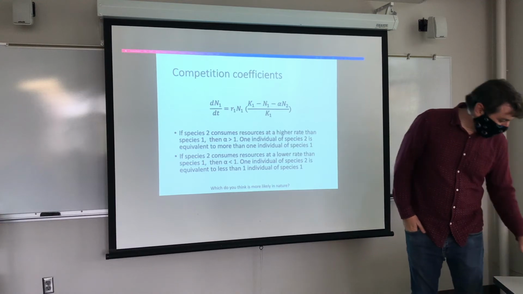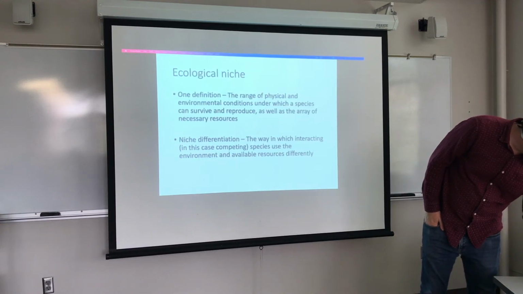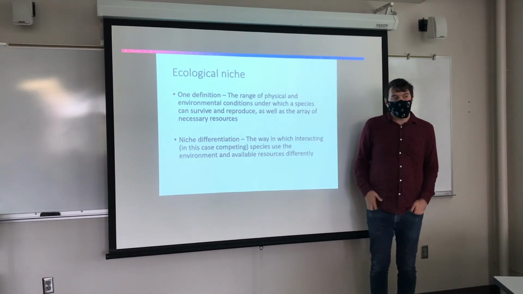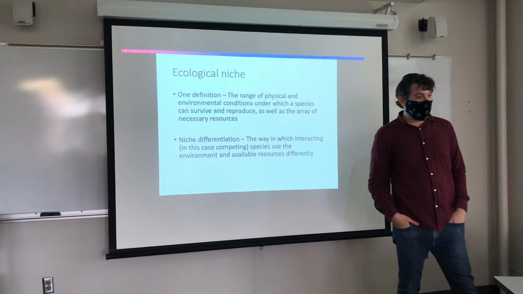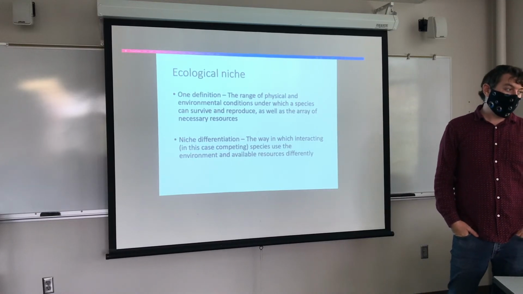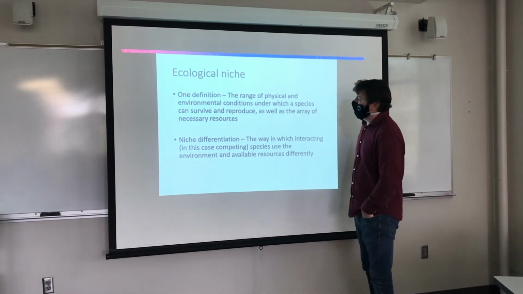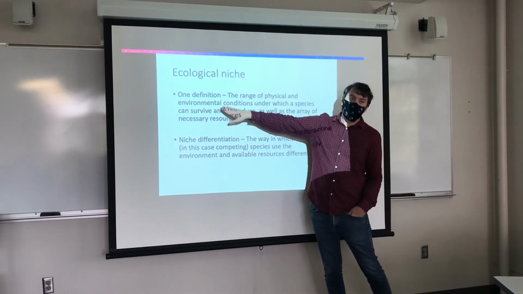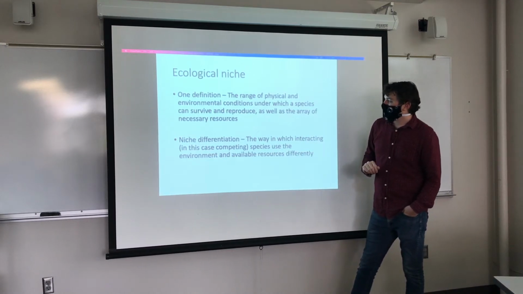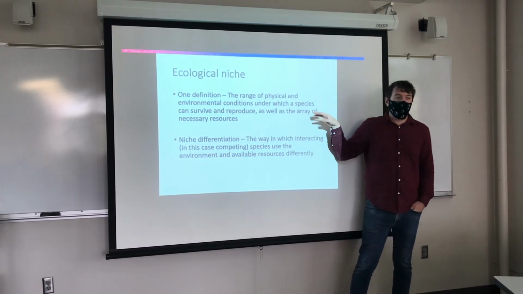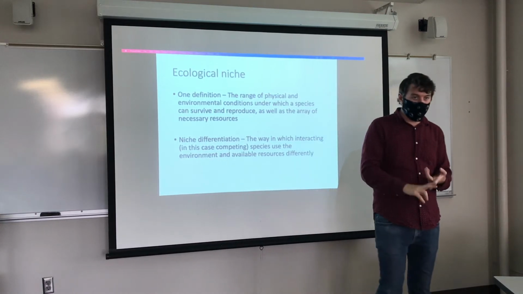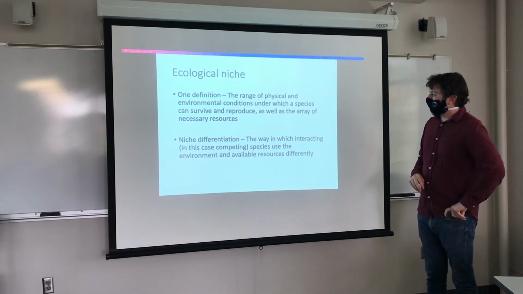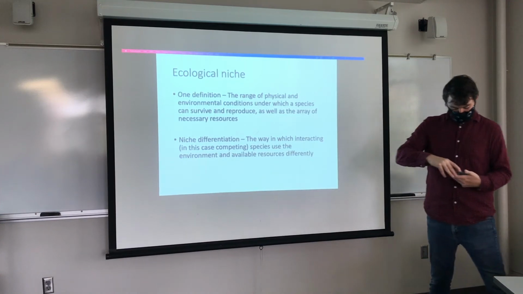So that's because if we think back to the term ecological niche, which we introduced once, and you're going to be thinking about ecological niches again when we talk about adaptive radiations next time. You think about the needs of a species. The ecological niche is the range of physical and environmental conditions that a species needs to survive and reproduce, and the array of necessary resources, the kinds of food, the way they access water, and other limiting resources.